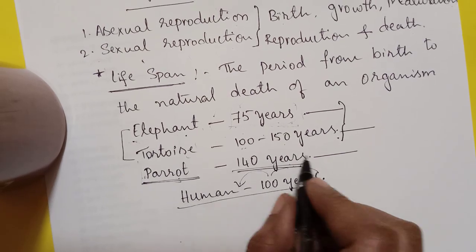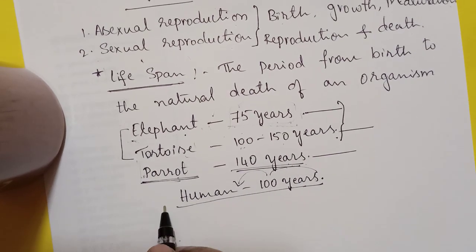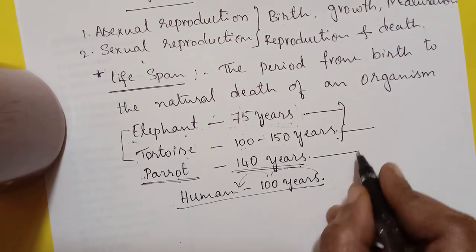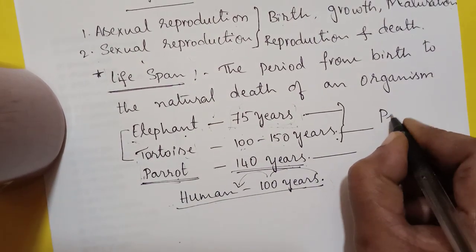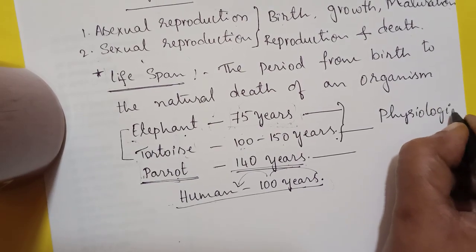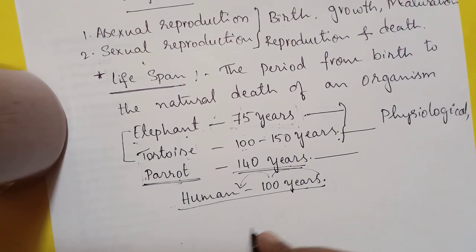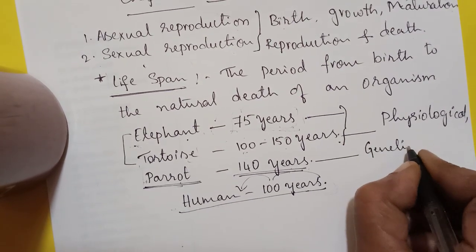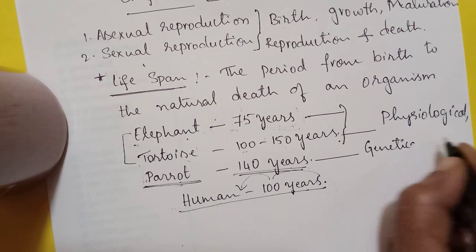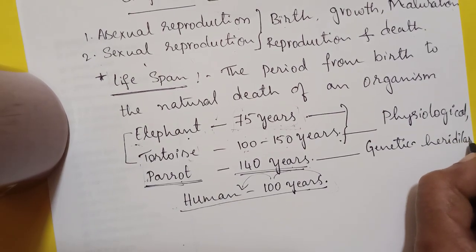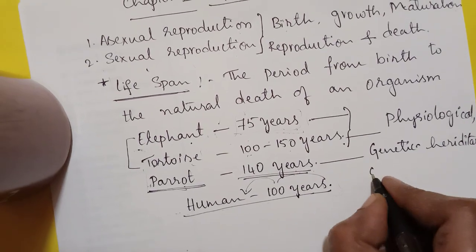This is why the lifespan of an individual organism differs, mainly because of its physiological function, its body function, and another one is the genetic or hereditary characters.